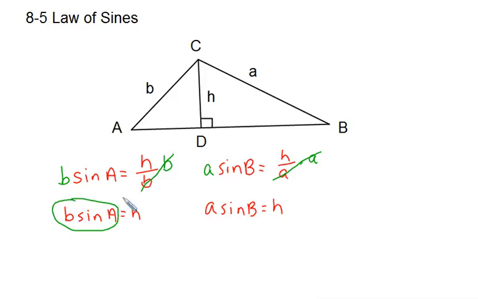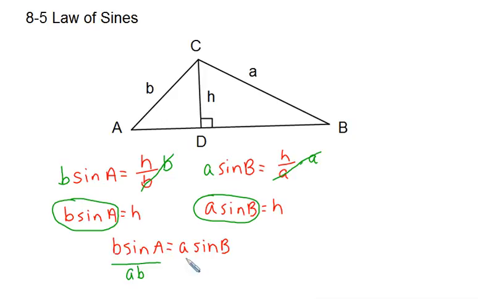So notice now that I have two different expressions that represent h. Both of these are equal to h, and if that's the case, then they must be equal to each other. So b sine of A must be equal to a sine of B. Now, to get it in a little different form, I'm going to divide both sides by ab, lowercase a, lowercase b.